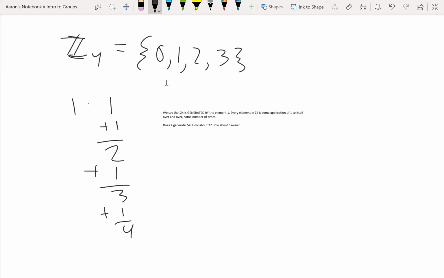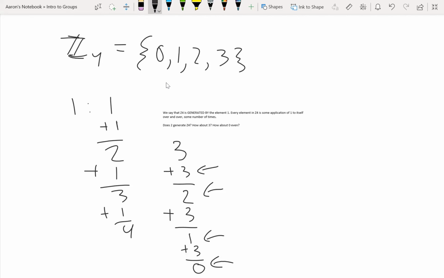Can 3 do it? I think so. Let's find out. 3 plus 3 is 6, which mod 4 is 2. Plus 3 is 5, mod 4 is 1. And so we've got 3, we've got 2, we've got 1, and if we add 3 again, we have the identity.